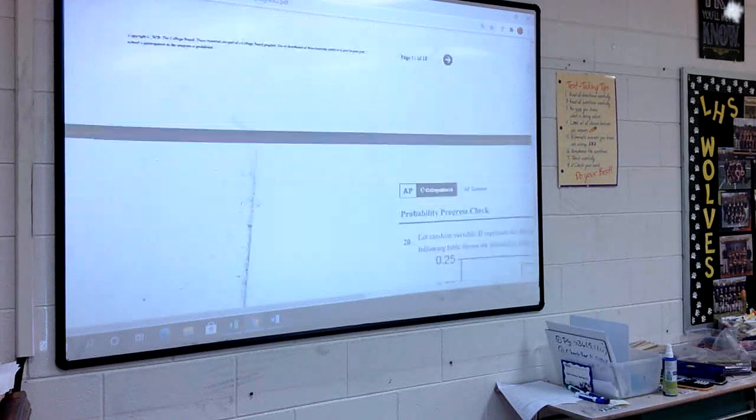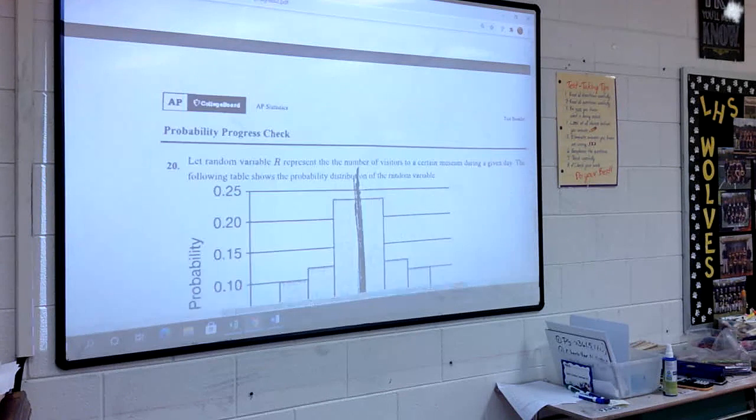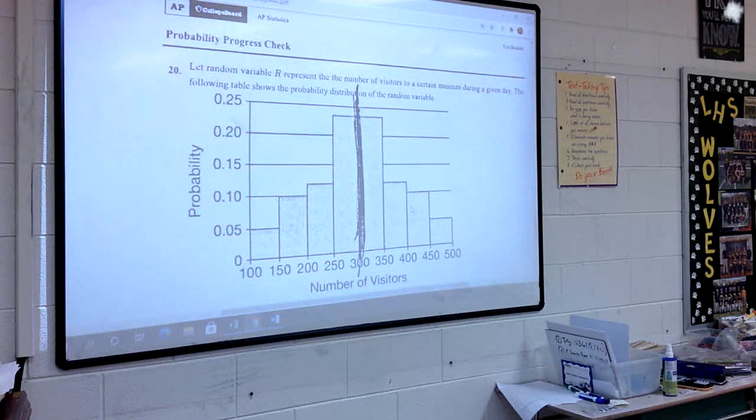Okay. Number 20, the last one. Cut the histogram straight down the middle. It is a symmetric distribution. It's perfectly symmetric. Look on both sides, you see the exact same thing. So 300 is right there in the middle.